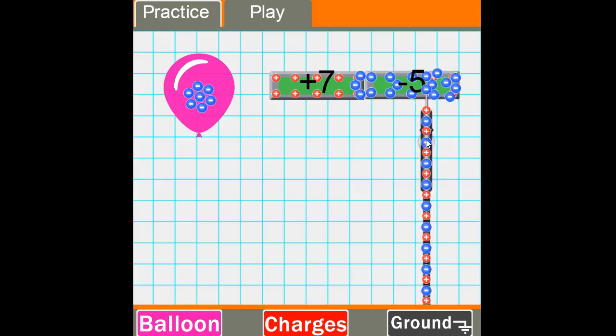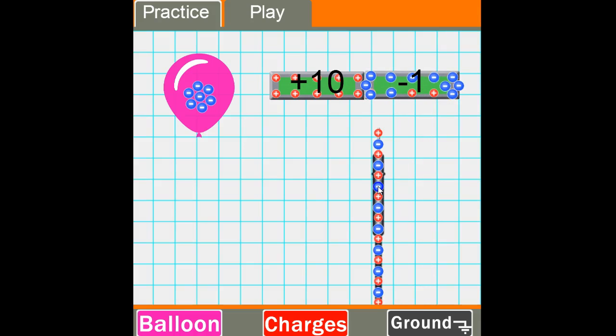So let's just do that. You can see the negative charge running down. The number here is dropping, and then when we take the earthing spike away, instead of having 0 charge overall, we've now got +10 and -1, so we've got +9 units.